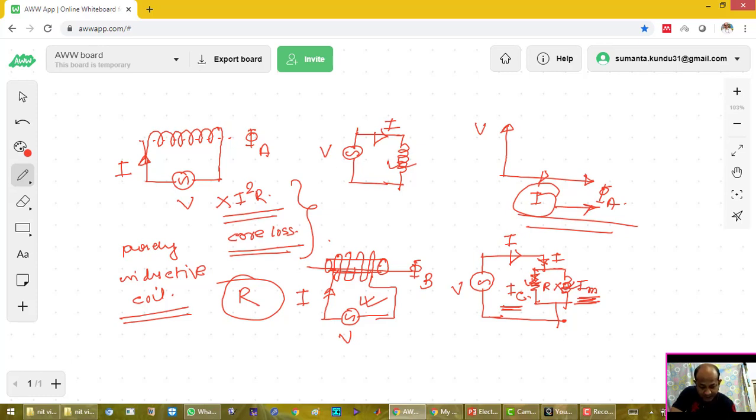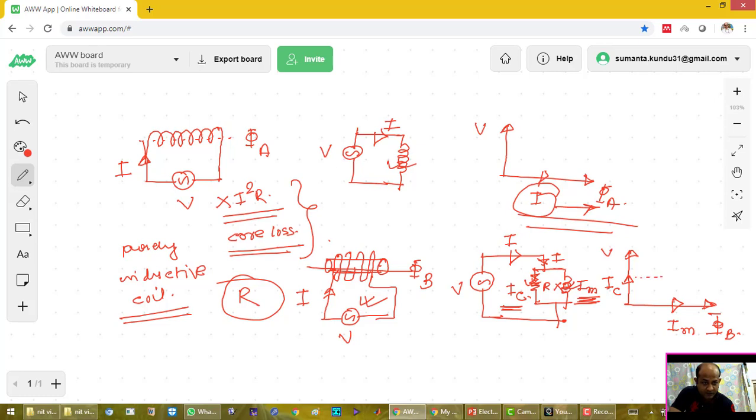So if I draw, this is my V, this is my IM, and phi B is in phase with this IM. And the core loss resistance, IC, represents the core loss component, so it will be the active component and remain in phase with the voltage.